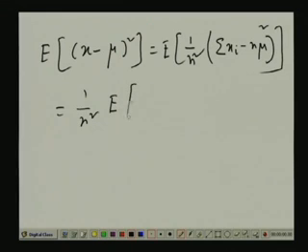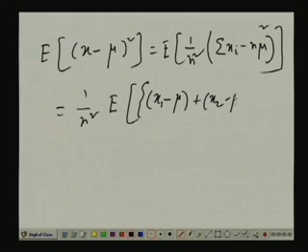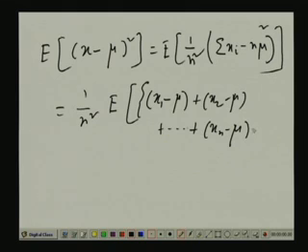Expected value of x 1 minus mu plus x 2 minus mu plus dot dot dot x n minus mu whole square.